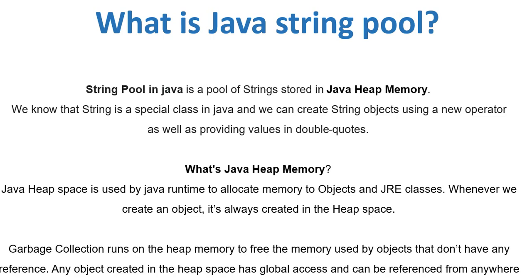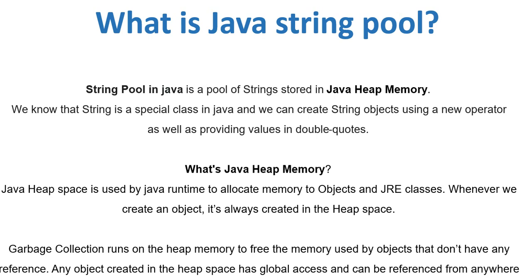Right, so garbage collection. Let's now talk about garbage collection. It is run on the heap memory to free the memory used by objects that don't have any reference. And any object created in the heap space has global access and can be referenced from anywhere in the application.